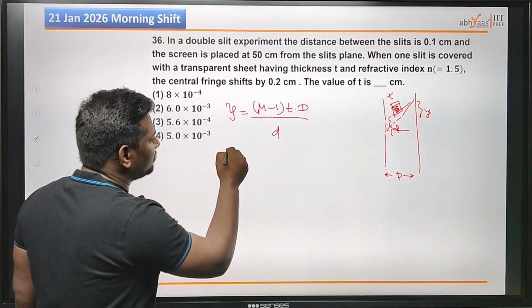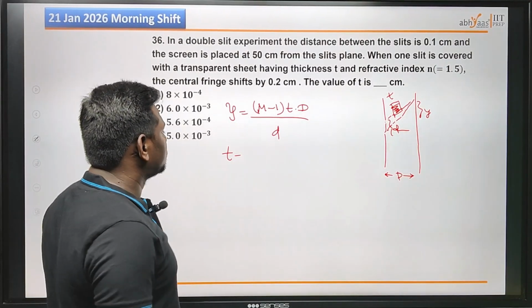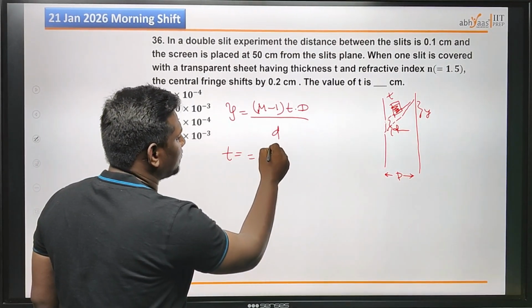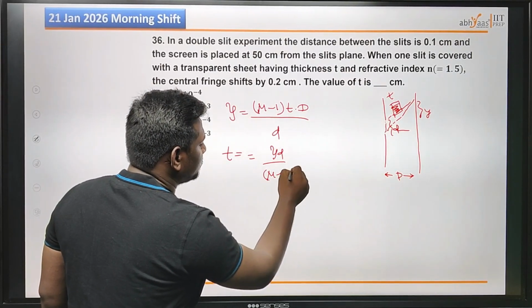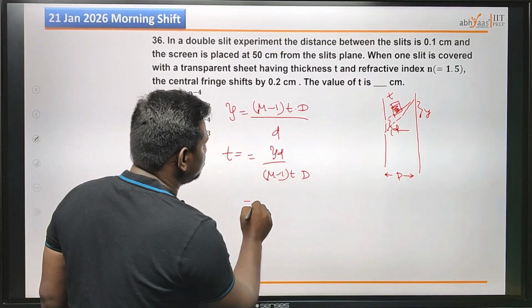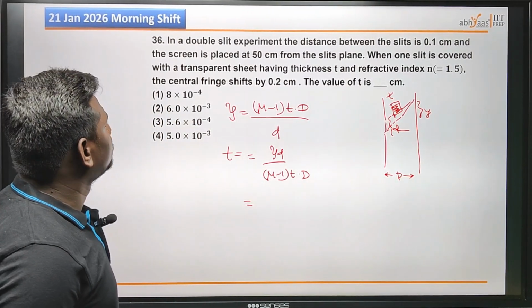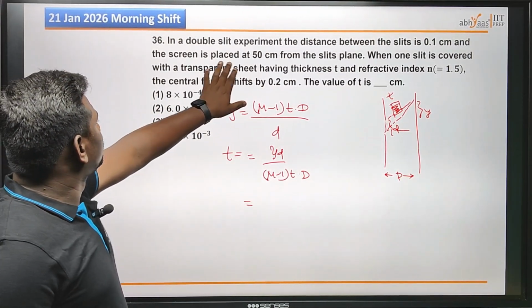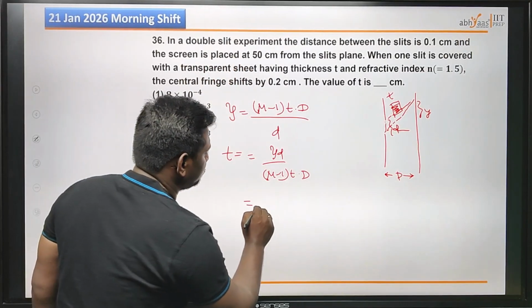What we need is the thickness. So thickness can be written as yd by (mu minus 1) D. What is the y? So this screen distance.